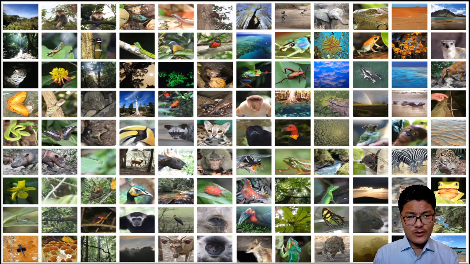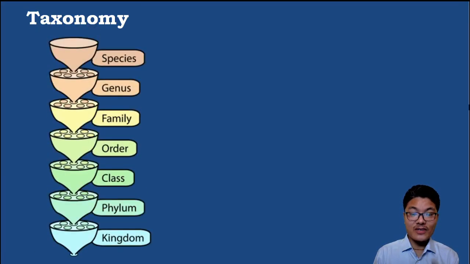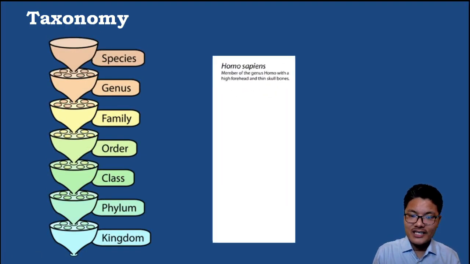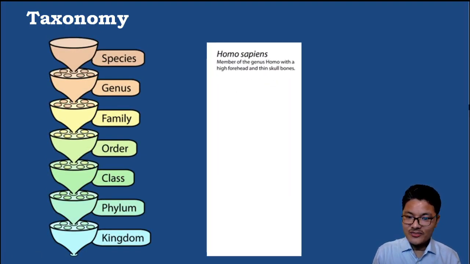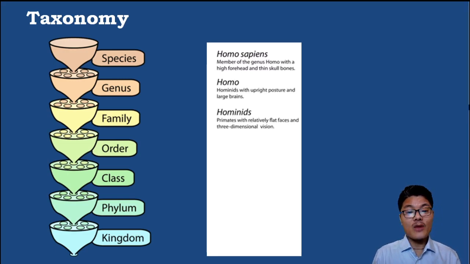So scientists made it easy to learn about all these by classifying living organisms into different groups or categories. We have a science called taxonomy, under which we categorize animals into species, genus, family, order, class, phylum, and kingdom. In the case of Homo sapiens, us, sapiens is the species, Homo is the genus, and we are in the family of hominids. Our order is primates, like other monkeys, or a family of apes.